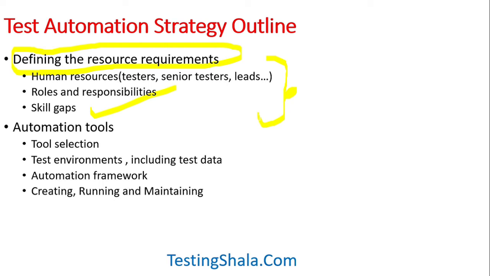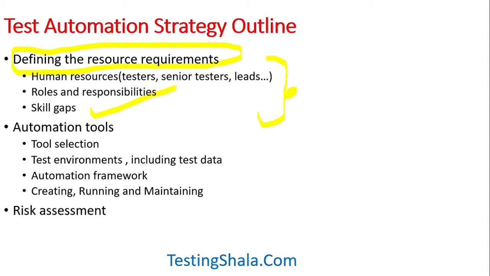So these are some of the things you should clearly articulate as part of this test automation strategy in terms of the tools perspective. Then also you should perform a risk assessment, because you are trying to bring in a new set of organizational objectives. Against those organizational objectives, you should call out what risks there are.